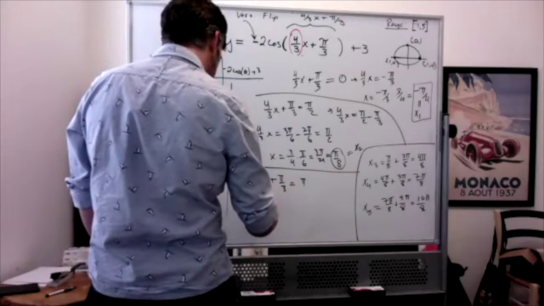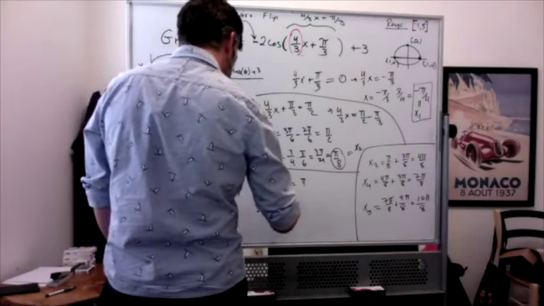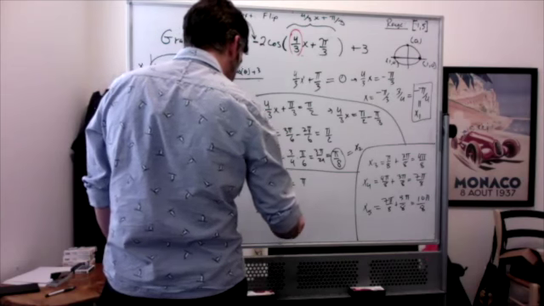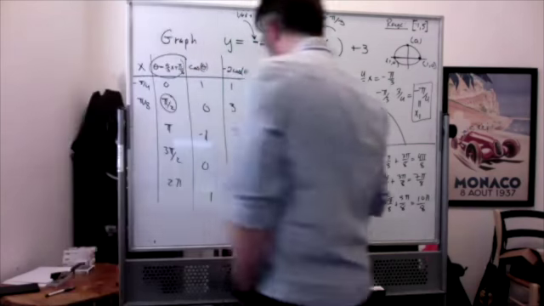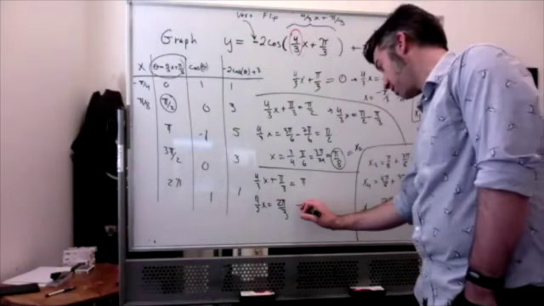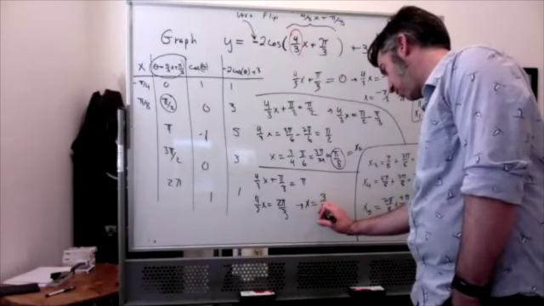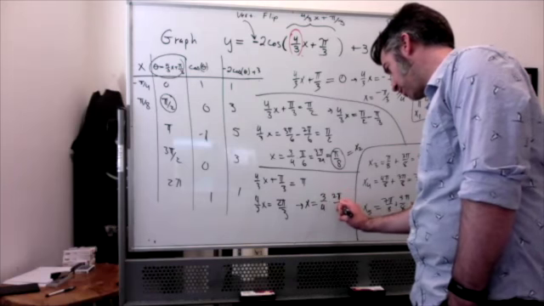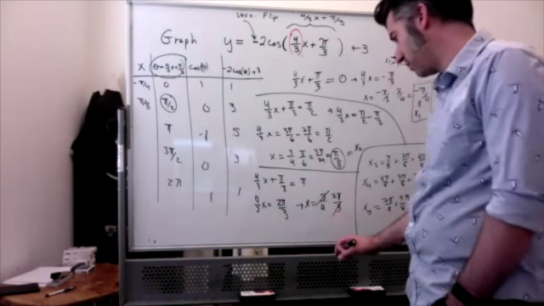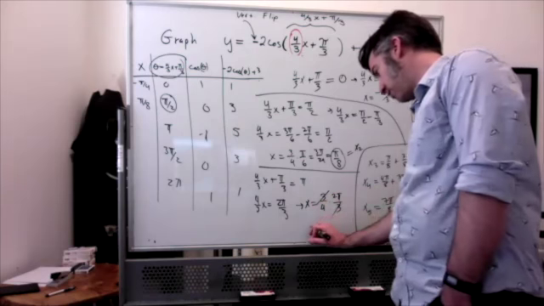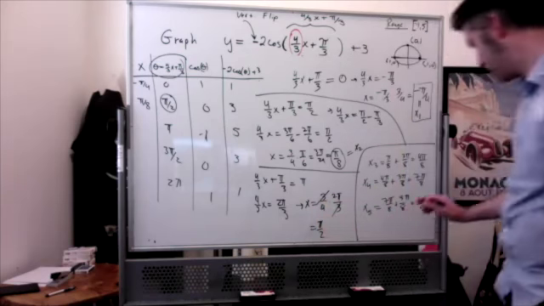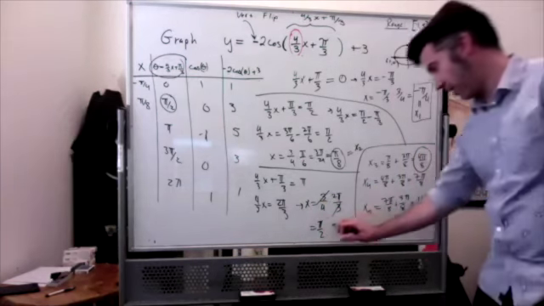So you get 4/3 x equals 2 pi over 3, right? Because pi minus pi over 3. Multiply both sides by 3/4 to get x equal to 3/4 times 2 pi over 3. The 3's cancel, and the 2's cancel to give you pi over 2, which is the same as 4 pi over 8.